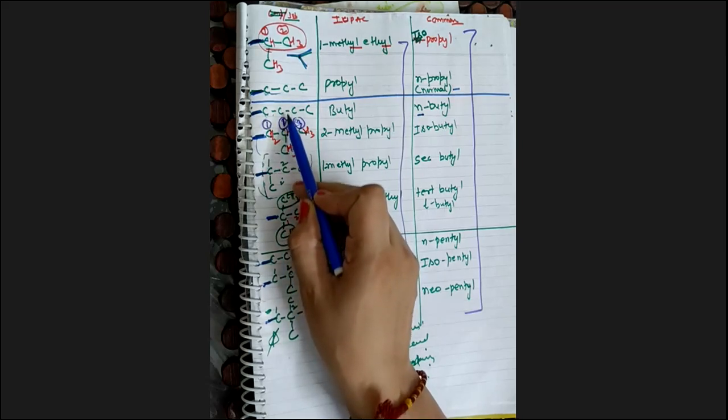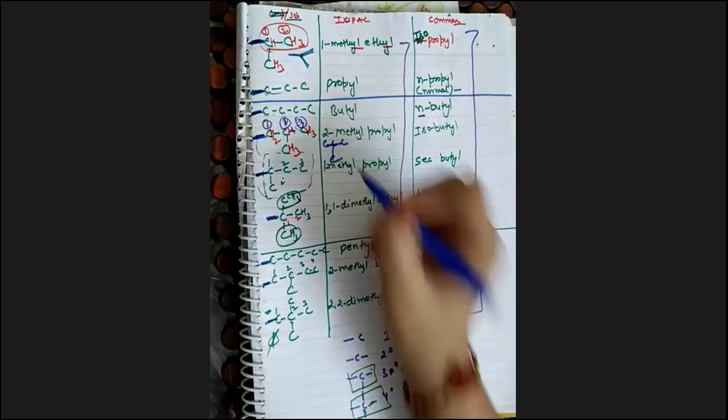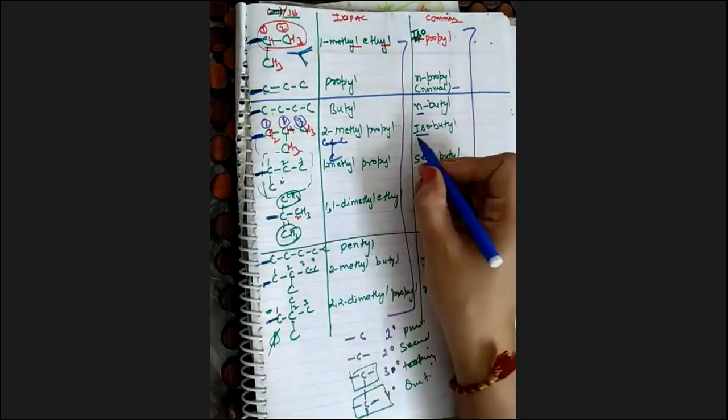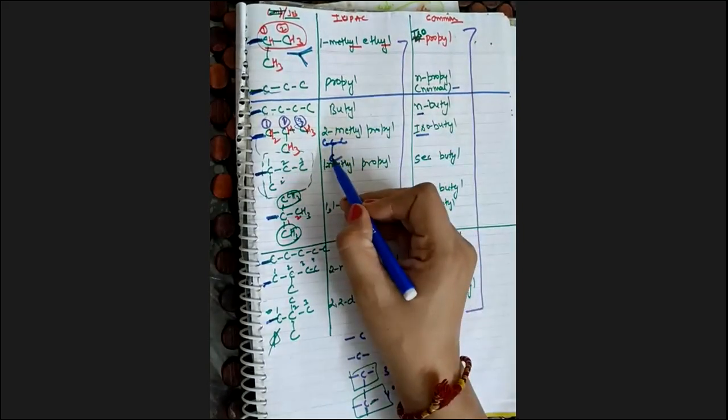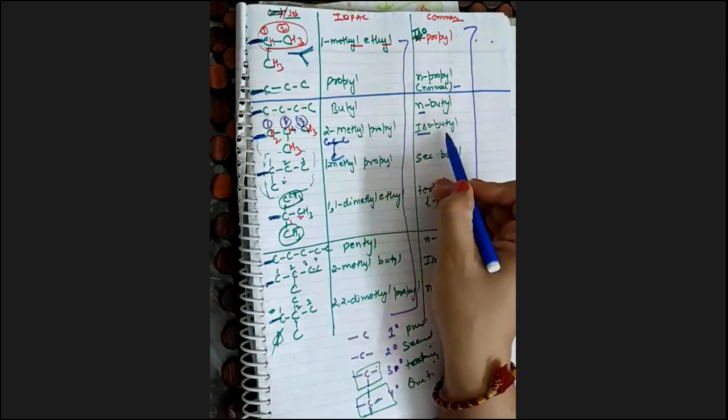We can attach a functional group or anything here. So whenever you see this type of arrangement, you write the word iso. Since we have 4 carbons, but, and yl is a substituent, so this is isobutyl.